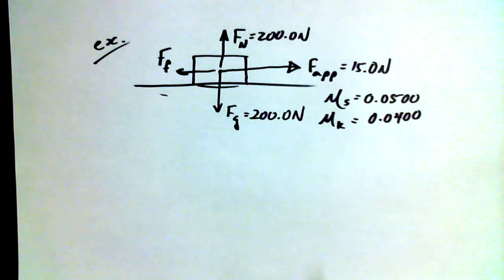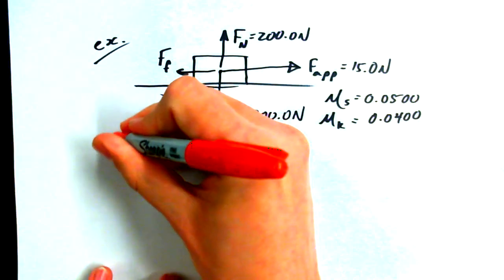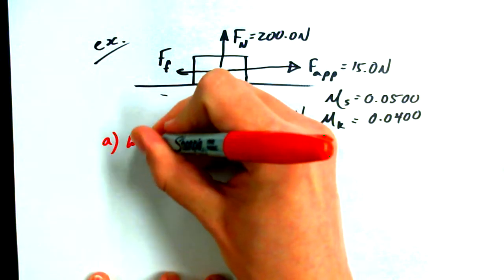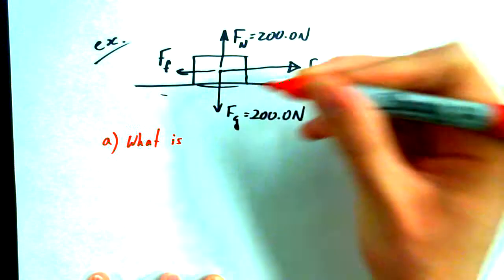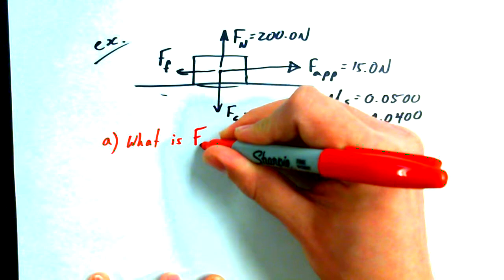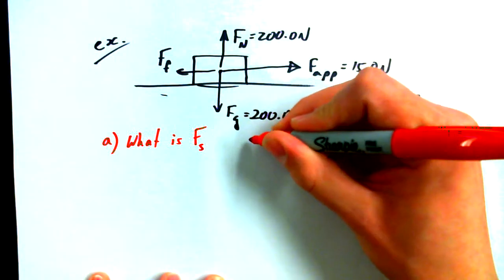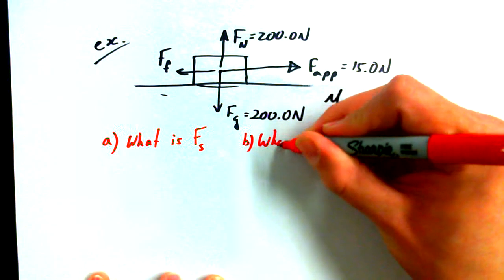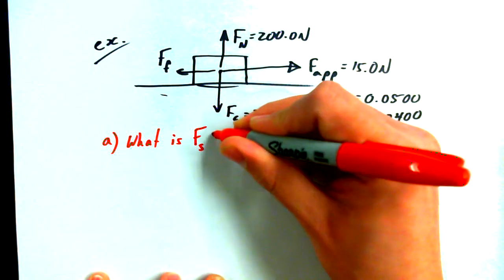And so I want to figure out what these two friction values would be. Tell me what I should do. I'll state it as a question. What is Fs? What is Fk?